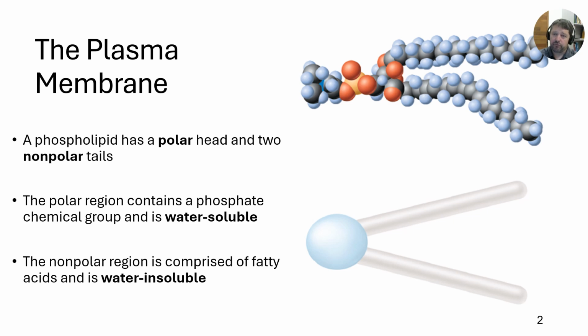Sometimes people will say it's a phosphate head, a glycerol neck, and tails made out of hydrocarbons. Carbon is the black circles, and the blue circles are hydrogen. So these fatty acid tails are really just carbon and hydrogen.